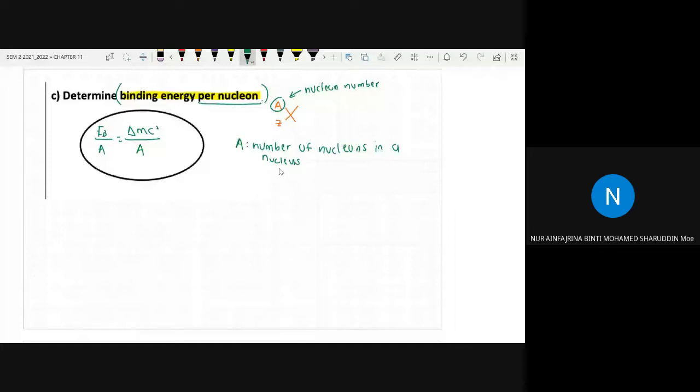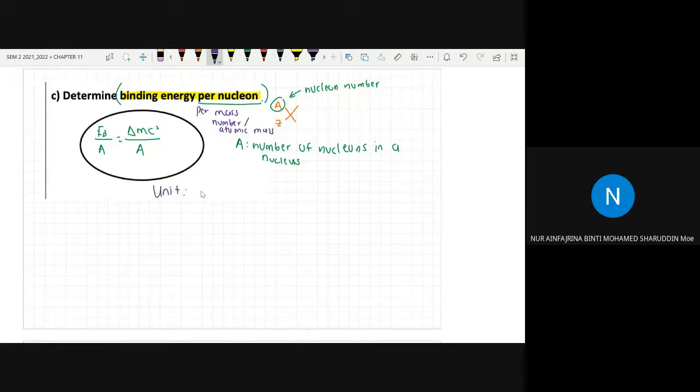So beside nucleon number, dia boleh jadi juga mass number. So it could be also per mass number. Mass number juga sama juga dengan atomic mass. And the unit, okay, this unit will be a bit different.